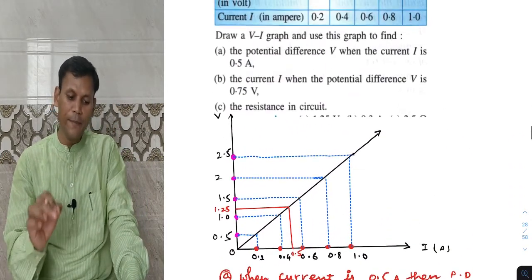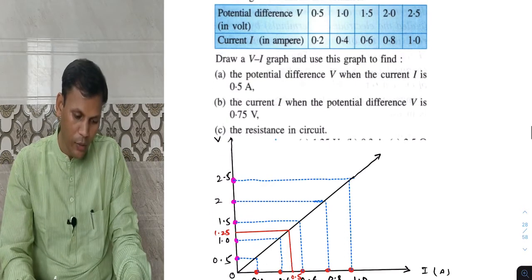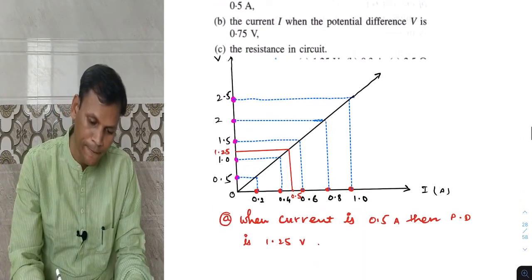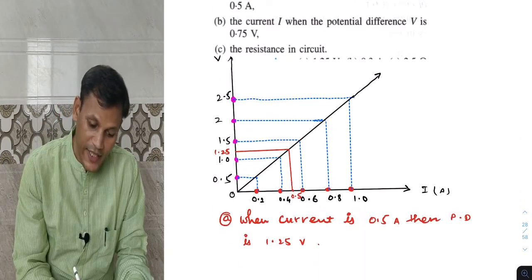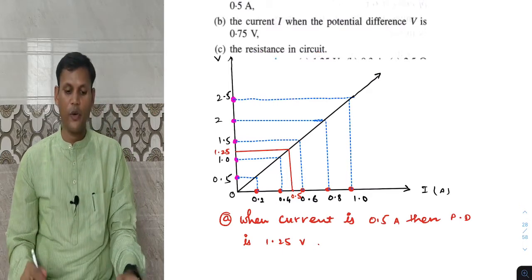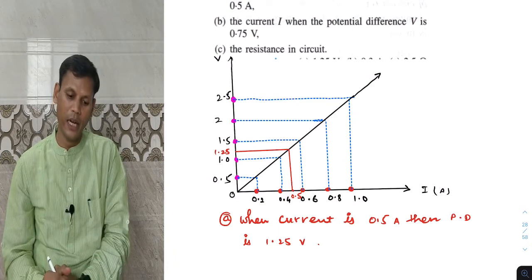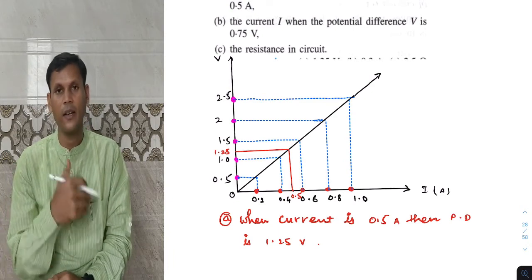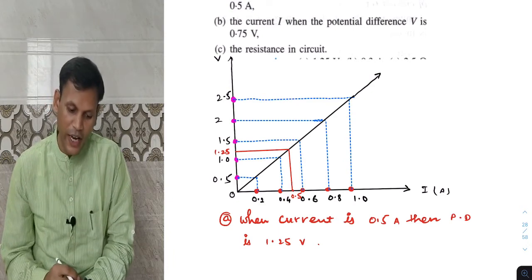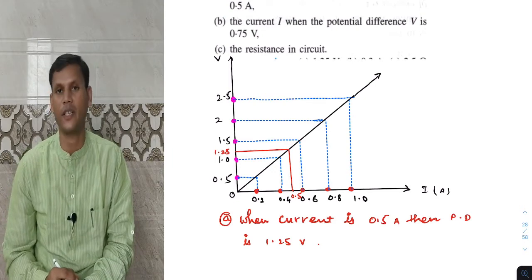Now about part B. What are they asking for in part B? The resistance in the circuit. For finding resistance, as I already mentioned in the previous theory lecture, we have to find the slope of this graph.